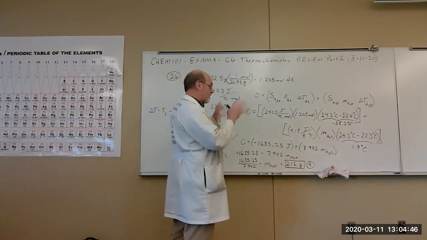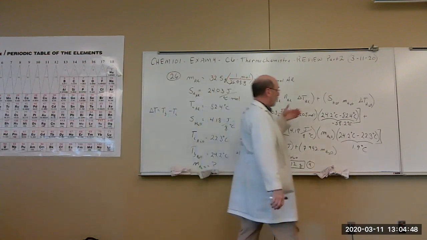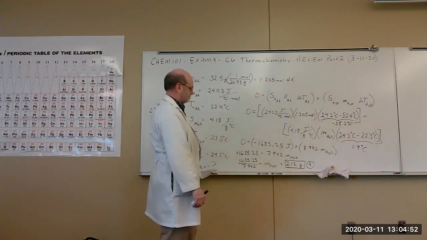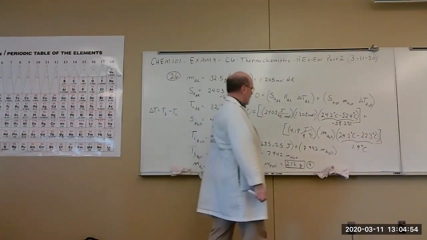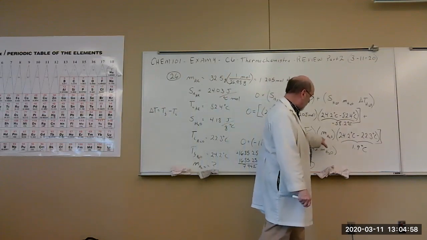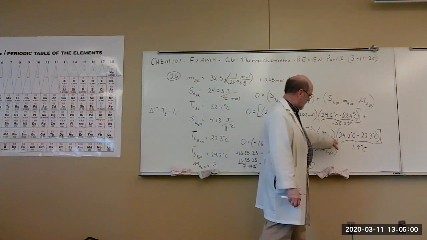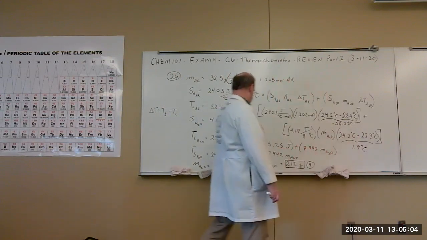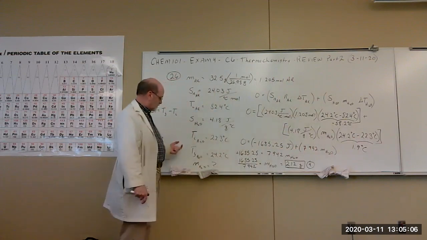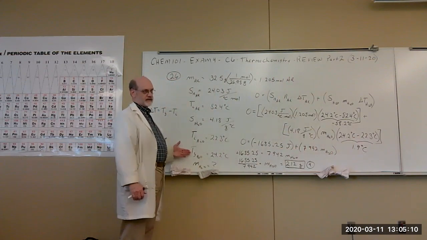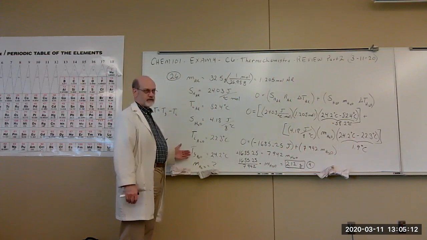So we're still going through the thought process here. For the water, we have what happens to the water. And here it is, its specific heat, the unknown, the mass, and then its temperature change, final minus initial. The other trick that we had to recognize was the final temperature of the water is the same as the final temperature of the aluminum.